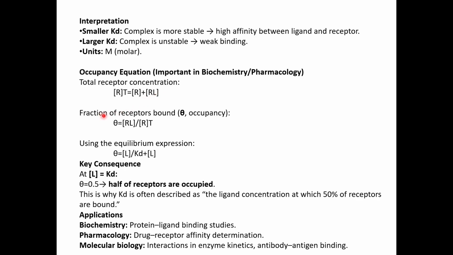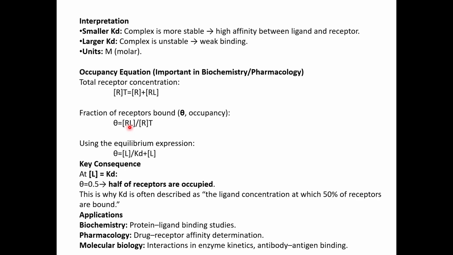Makes sense. Then the fraction of the receptors bound is theta. That is the occupancy. That means when you have a certain number of receptors, how many of them are able to bind to the ligand. That is the fraction of the receptors bound, given by theta.